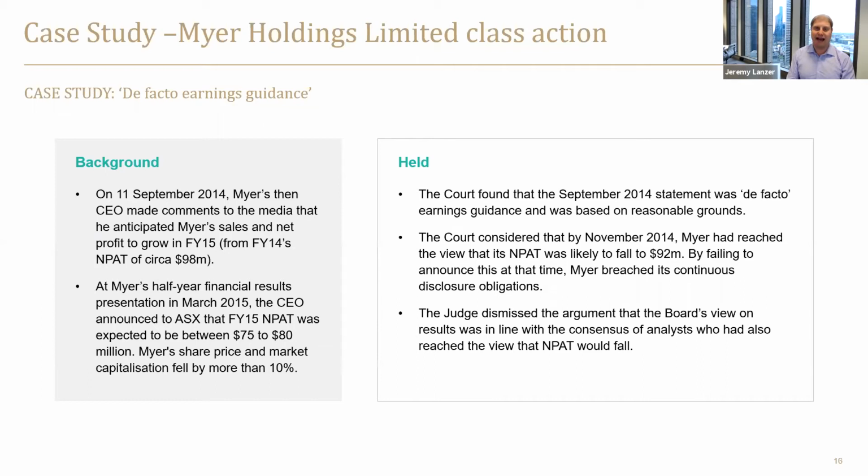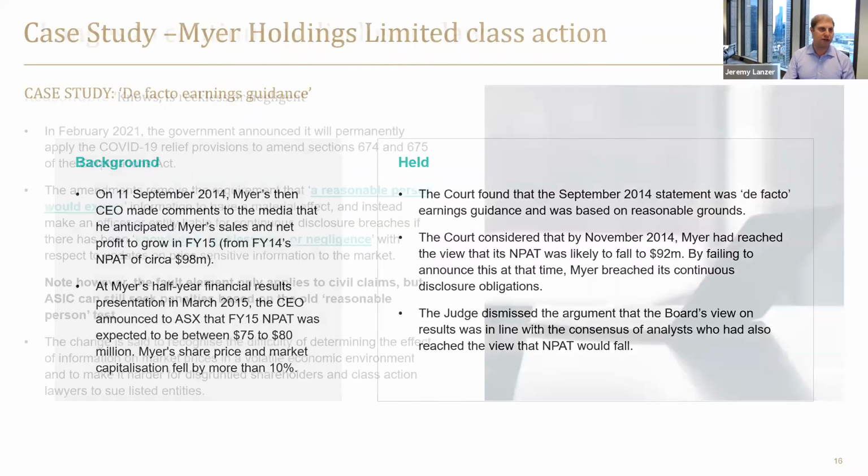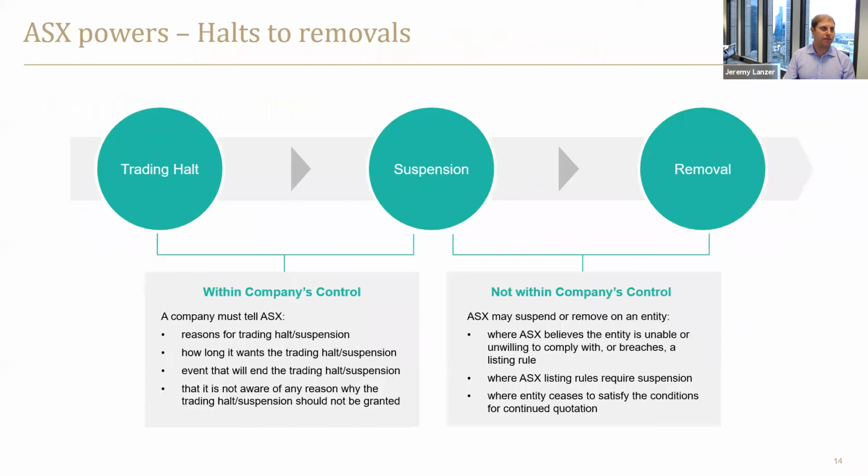And so any deviation of a material nature, so between 5 and 10%, off that expectation of 98 million, would therefore be considered material. So I think that's just an important point as I just jump back.